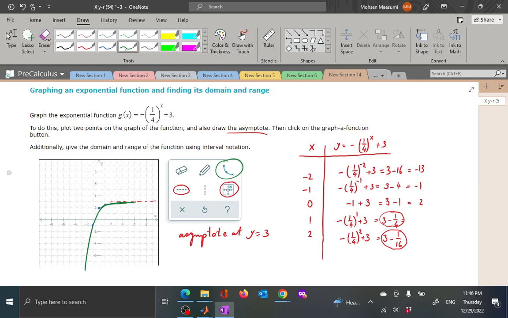It's also going to ask you to find the domain and the range. What are these things? The collection of x's that are acceptable for your graph is going to constitute the domain. All the x's you can have in this table for which you have a y value constitute the domain.